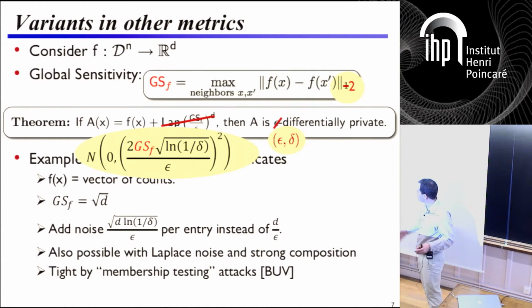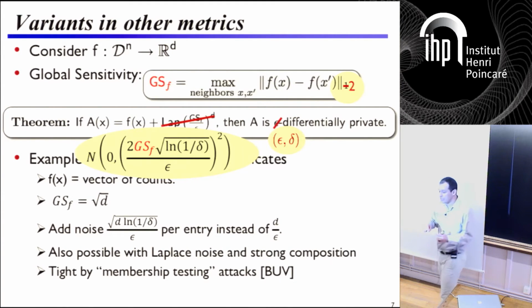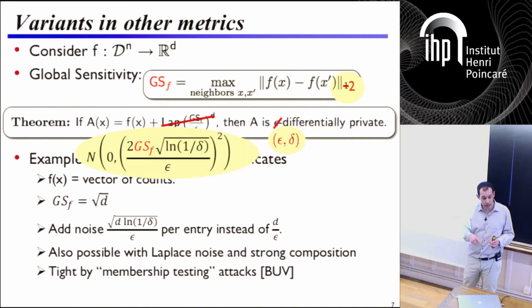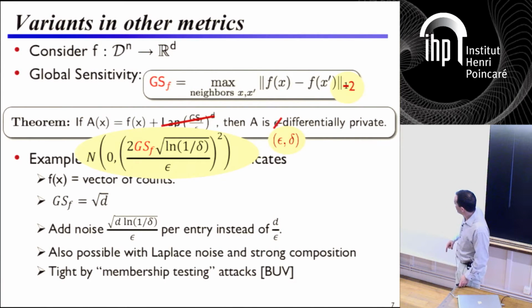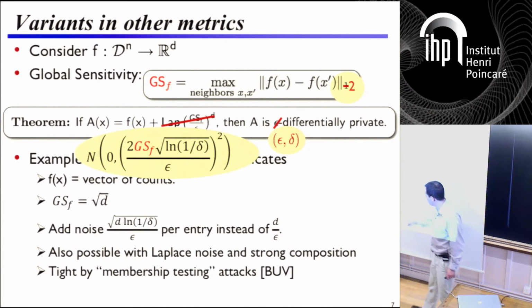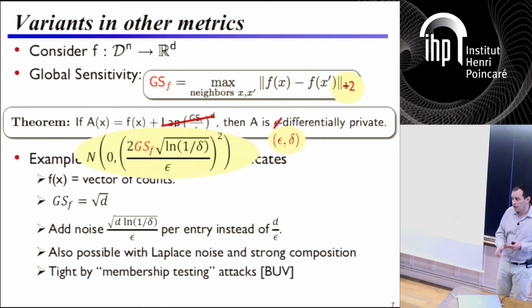So I've got this vector of queries, kind of like what we had with reconstruction attacks. If I look at the sensitivity of this vector, in the L2 norm it is on the order of square root of d. Because if I change one person's data, I've got a vector of d counts, each of which can change by at most 1. So the change in the norm is at most square root of d. And so what this tells me is I can add noise on the order of square root of d over epsilon to each entry, instead of what I would have gotten out of the Laplace distribution, which is d over epsilon, or out of the naive analysis of it.